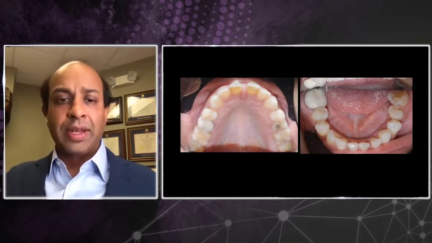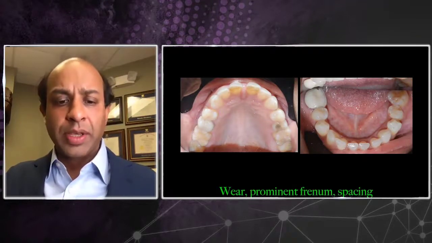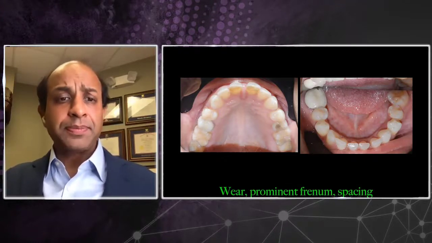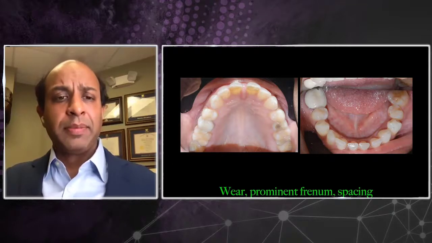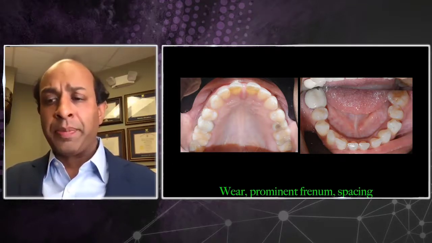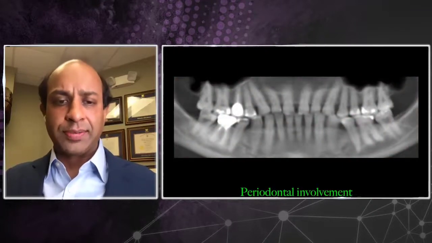When we take a look at the upper and lower occlusals, what we can see is that there's wear. There's certainly a prominent frenum that may be perpetuating the diastema between the upper central incisors, and then spacing on other parts of the upper and the lower arches.